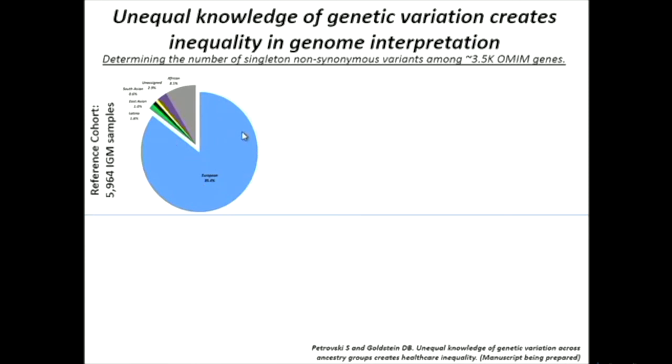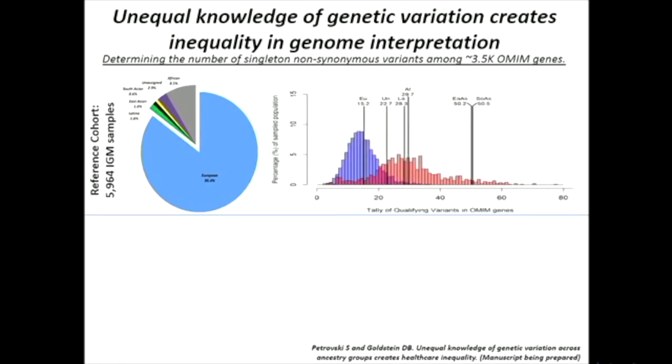So the question is, for each one of these 6,000 samples, how many unique, singleton, non-synonymous variants did they have in one of these OMIM disease-associated genes, and what is the distribution between people of European and non-European ancestry? This is the distribution that we get. The blue distribution are individuals with European genetic background, and red is a combination of non-European populations.